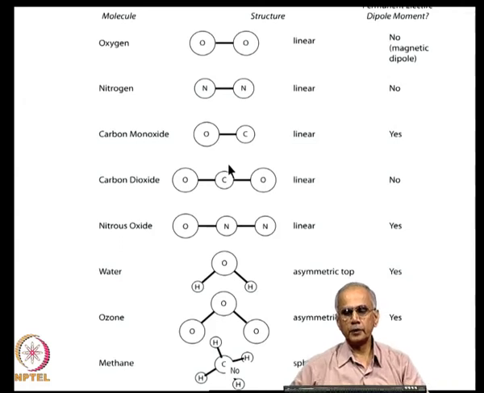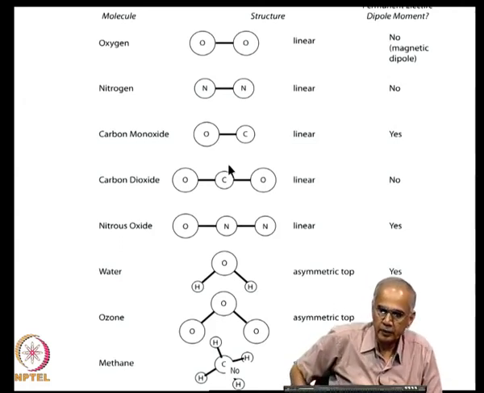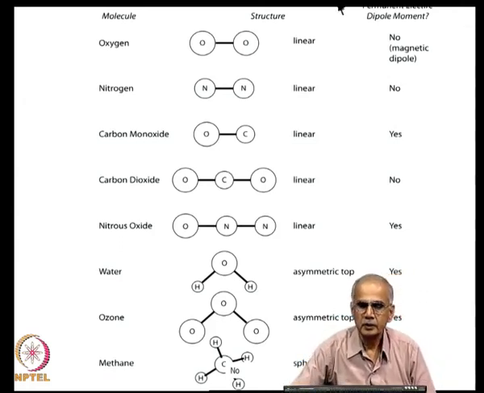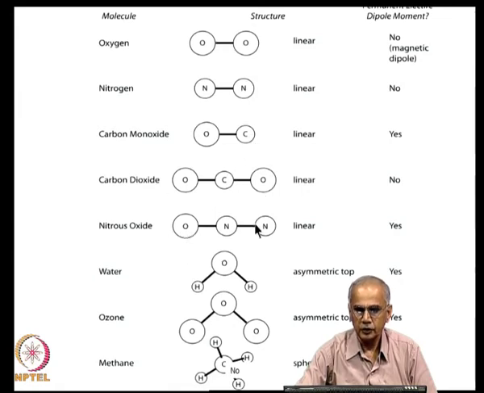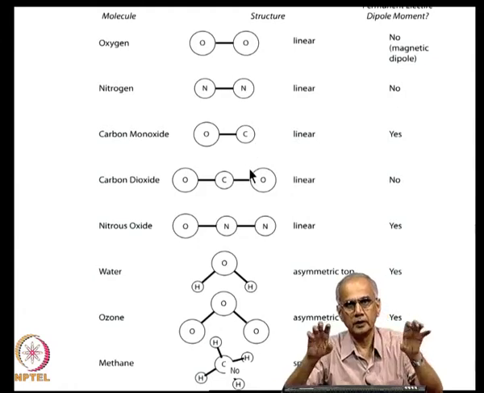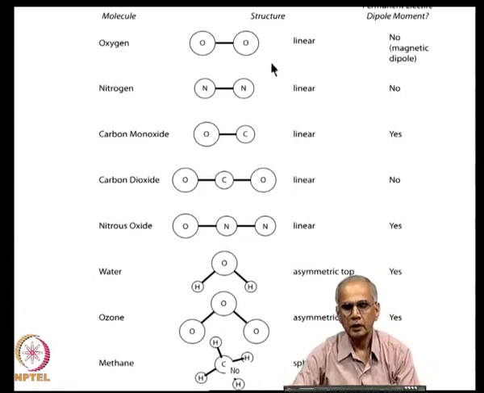Here are typical examples of molecules that you encounter in the gases. The main ones, of course, are oxygen and nitrogen. Then we have carbon monoxide, carbon dioxide, and nitrous oxide. Notice that all these are linear molecules. They are aligned in a linear way. Oxygen and nitrogen are symmetric, so they do not have permanent dipole moment.